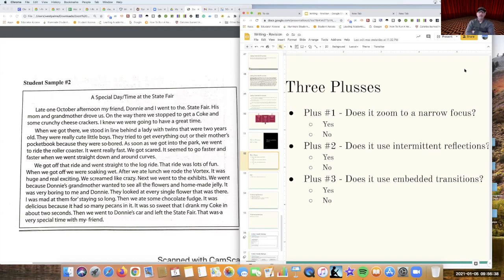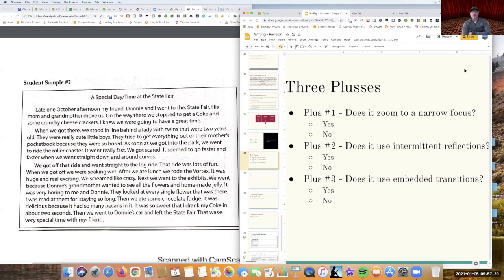Maybe I missed it, but I'm curious to see if anybody thinks there's intermittent reflections here. I see one potentially. We got scared, I guess, is potentially one. I was mad at them for staying so long. Pretty weak. Yeah, pretty weak.